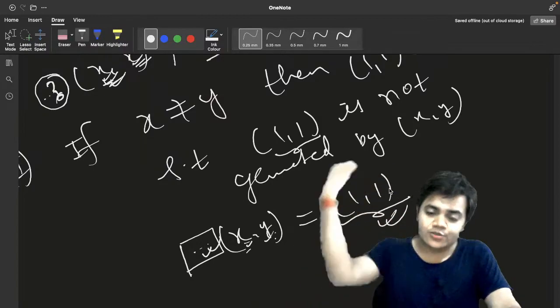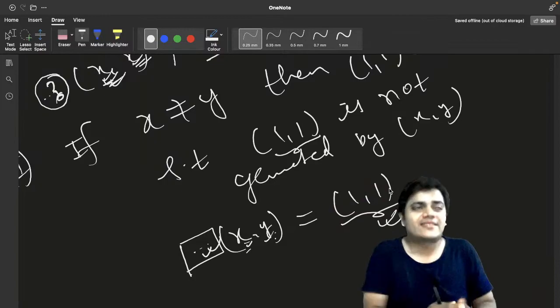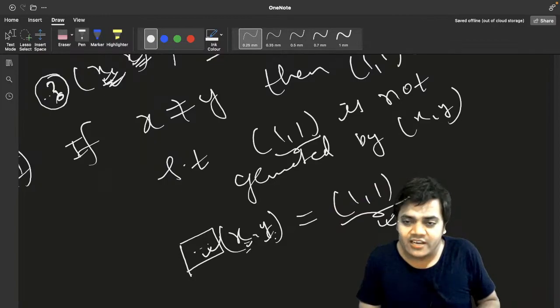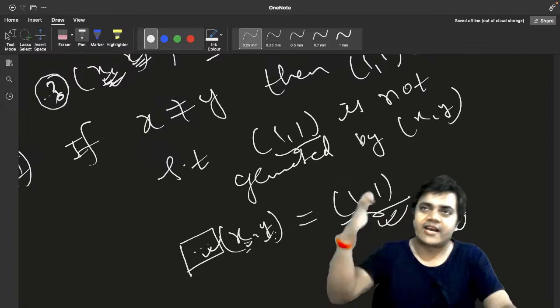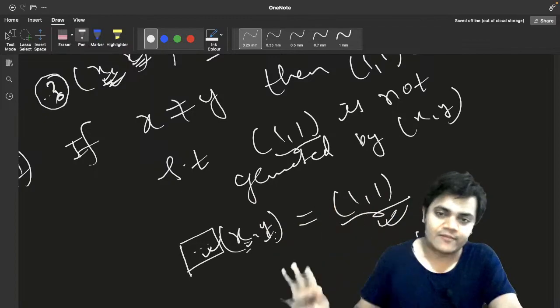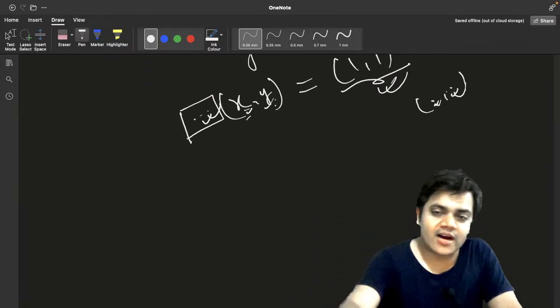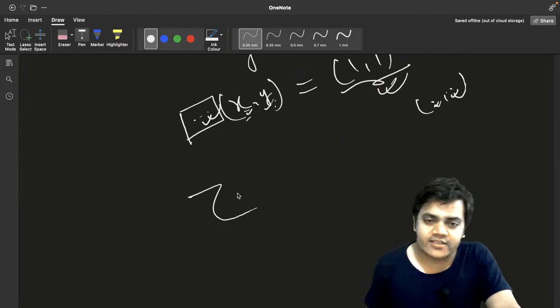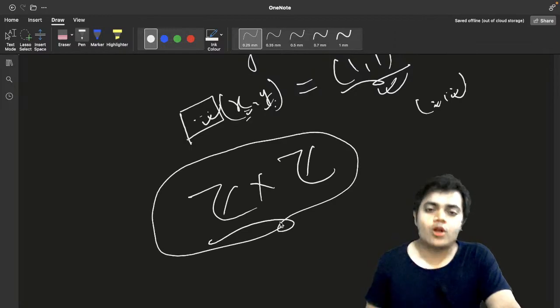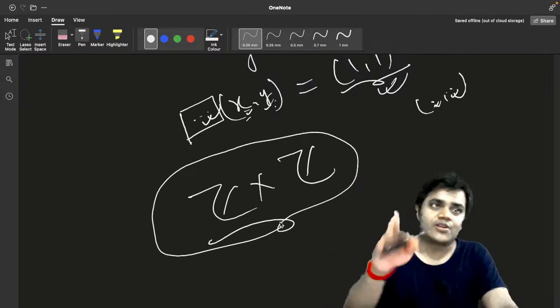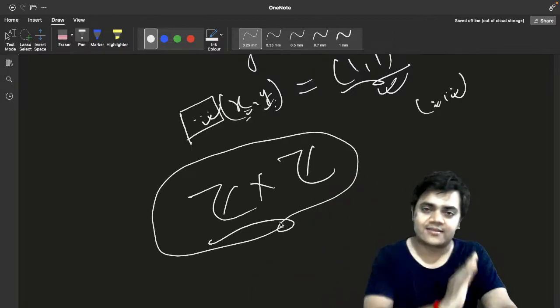And if we take (1, 1) as the generator, then the elements whose abscissa and ordinate are different cannot be generated by a (1, 1) type element. So in this way, there does not exist any element in Z cross Z so that all the elements of Z cross Z can be written as an integral multiple of that.